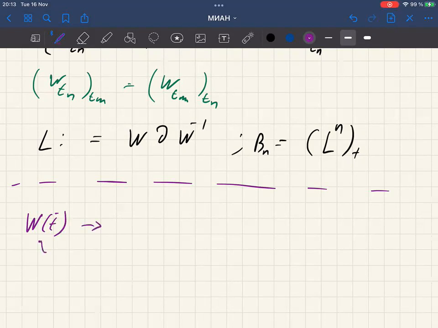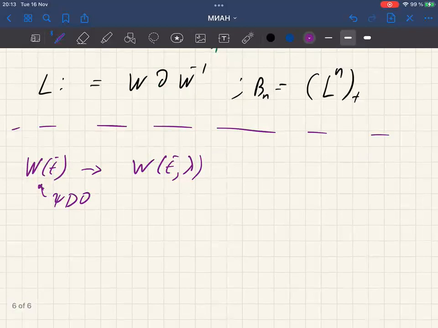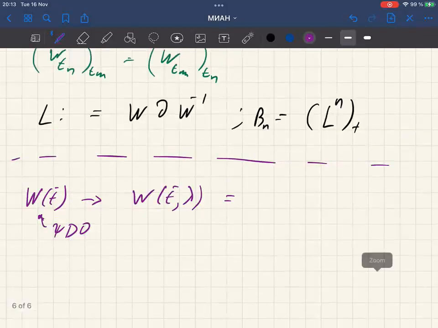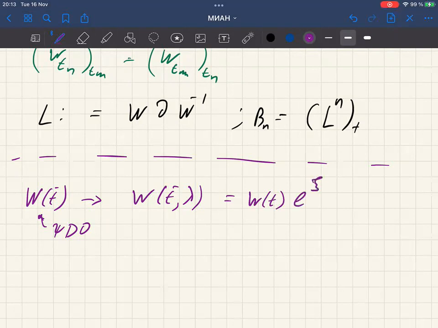This is a pseudo-differential operator, and we could construct a function psi of t and lambda such that it equals W acting on xi of t and lambda.